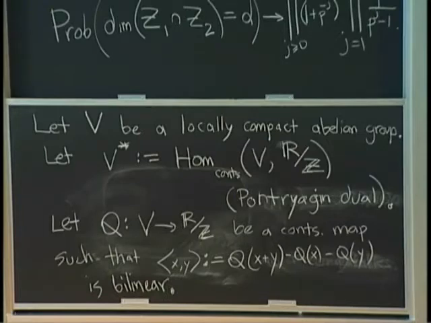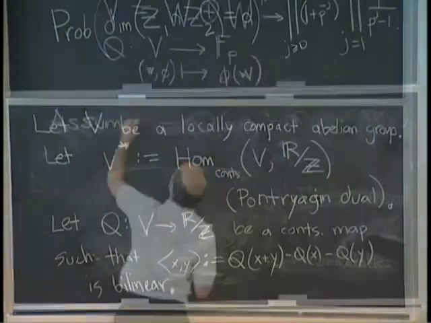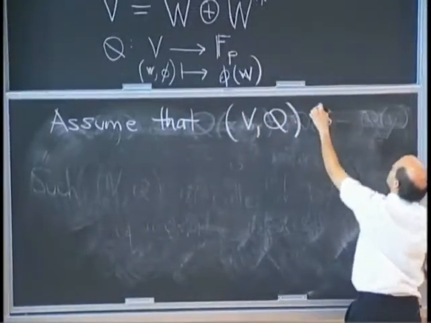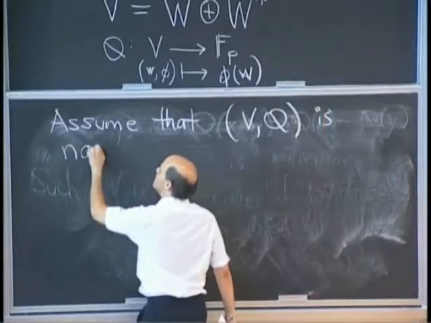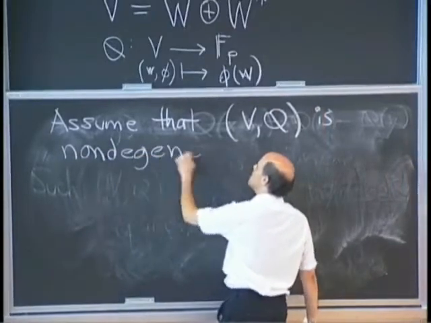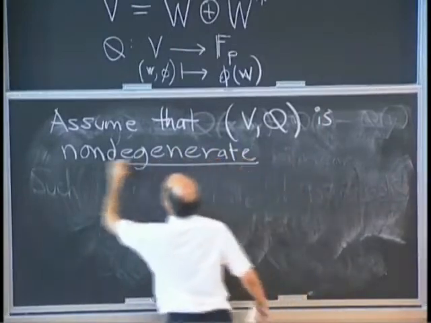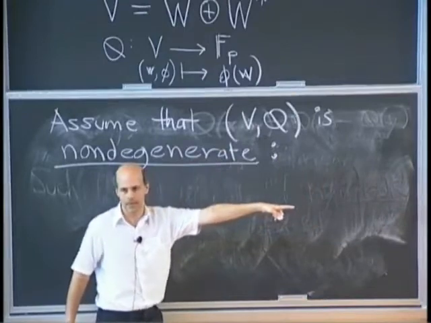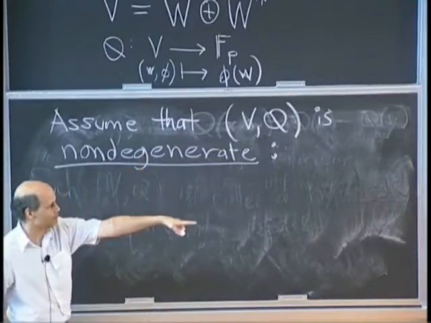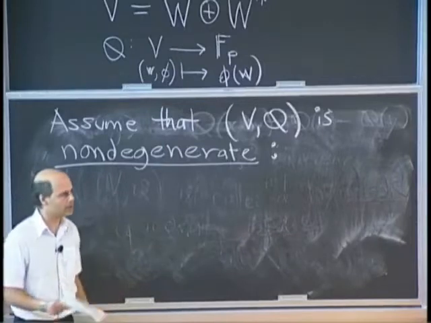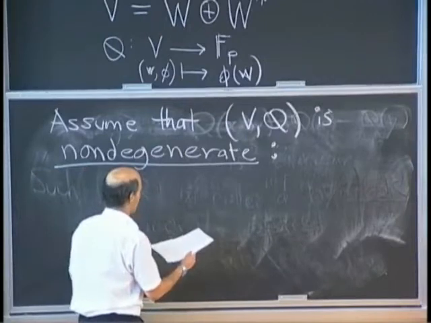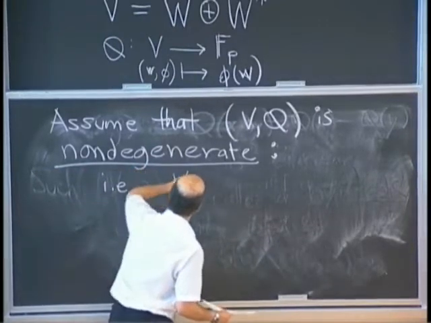I'm going to assume that VQ is non-degenerate, which means that if you look at that symmetric bilinear pairing, if you fix one variable and view it as a function of the other one, you get a linear functional, so that the pairing induces a map from V to its dual.